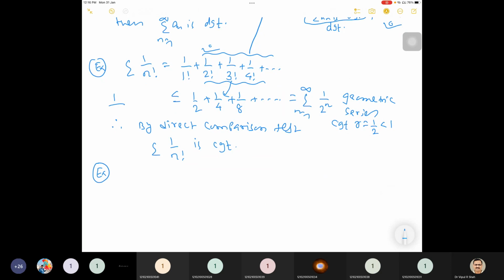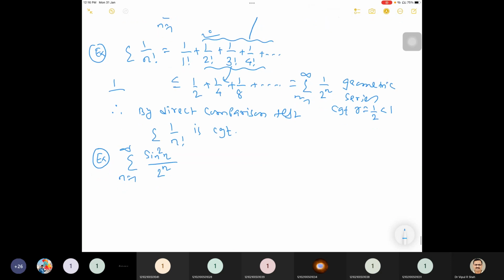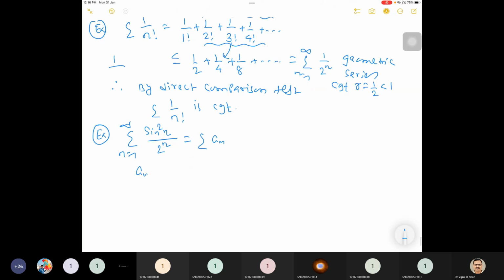Like this. Series n equal to 1 to infinity sin square n upon 2 power n. So this is our series an. So an is like this.